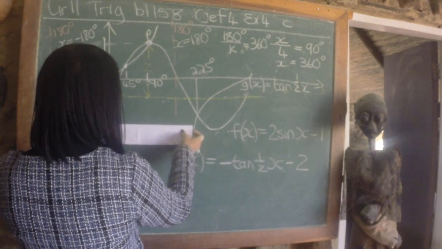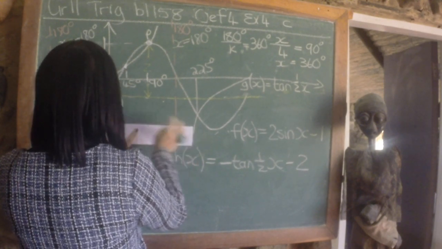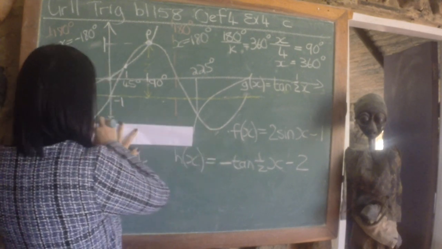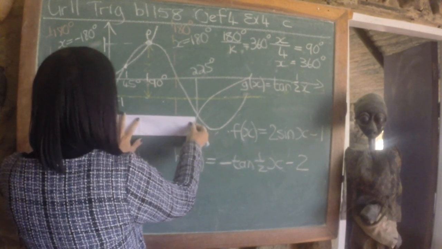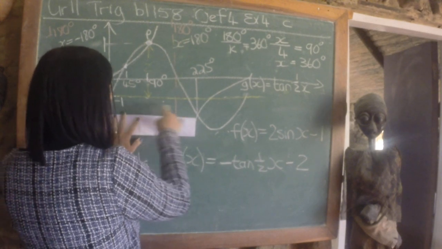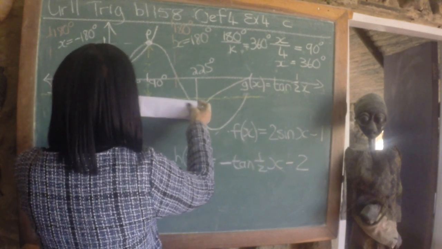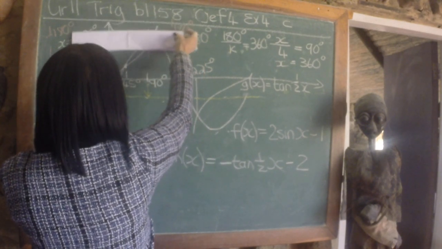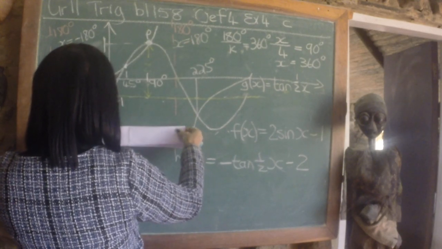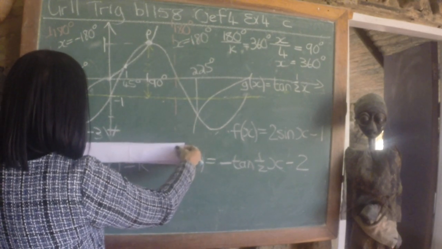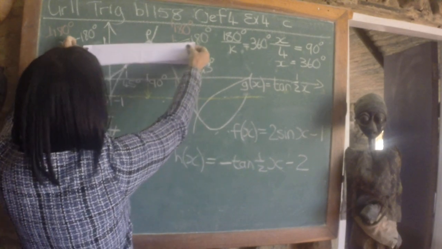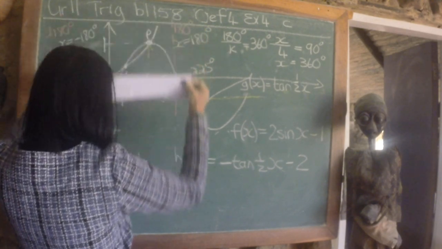Nou wanneer ek hom daar het, dan raak hy presies op 2 plekke my liniaal. Reg. As ek hom opskuif, dan sny hy op baie plekke. 1, 2, 3, 4, oralste. Okay. So waar gaan hy nie sny nie? As K kleiner is as min 3 of as K groter is as 1.